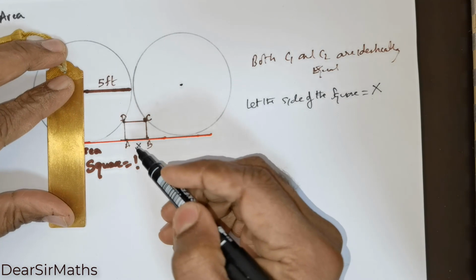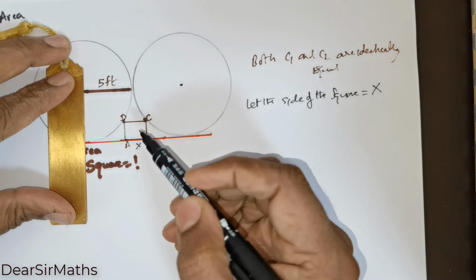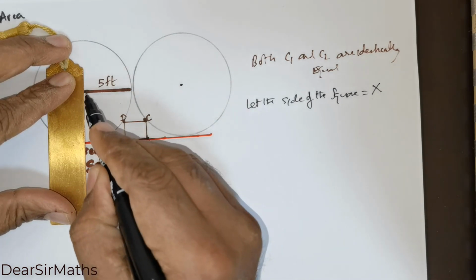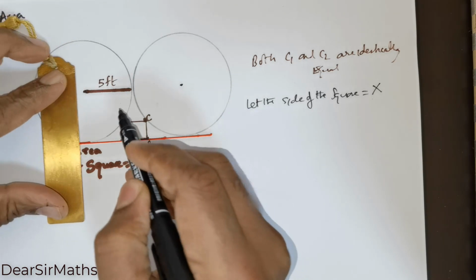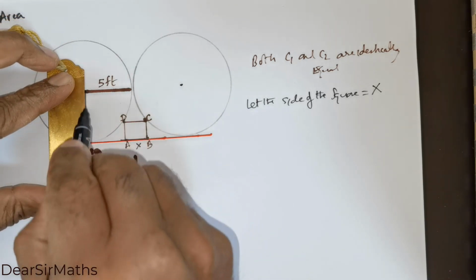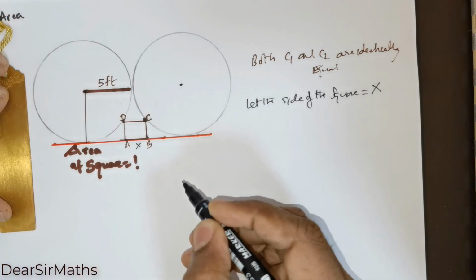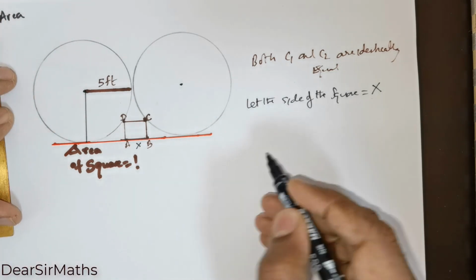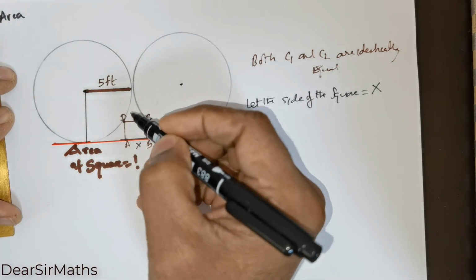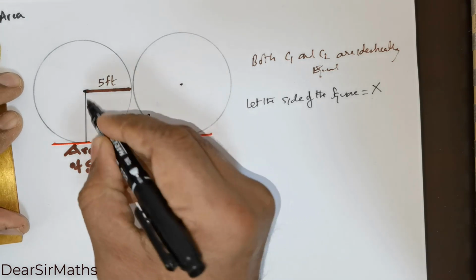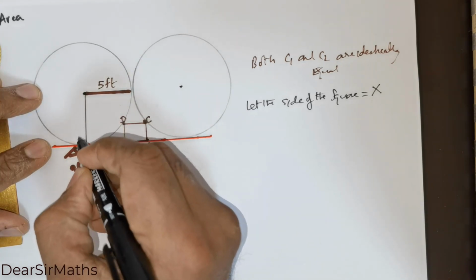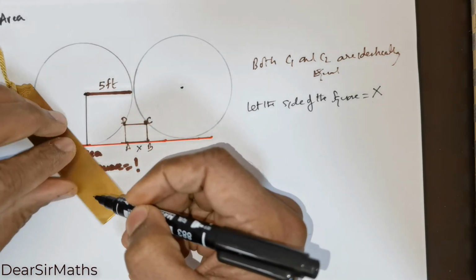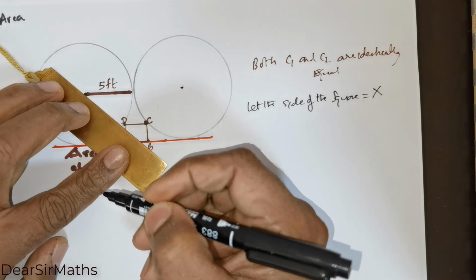So let me drop a perpendicular from the center to the base. This entire length is going to be 5 units. Fine.